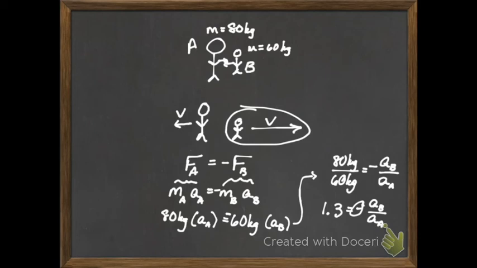The way to think about it is, if I have to keep my force constant, which it is, it's constant between the two people, then the product of that force is mass times acceleration.